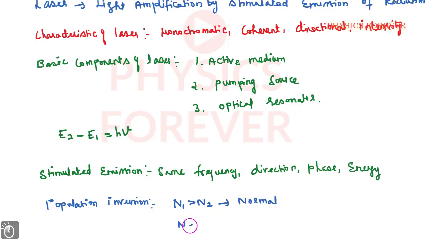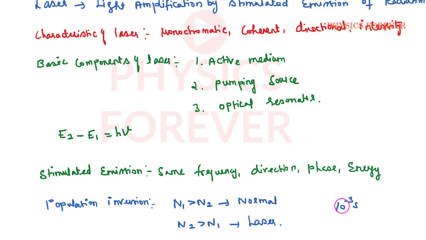For laser, N2 is greater than N1 is the condition for laser. So already we have discussed. The population inversion is achieved by pumping. The different types of pumping are there. Okay, so population inversion is most important in the metastable state. What is the lifetime of the metastable state? That is 10 power minus 3. Okay, so the more number of atoms accumulate in the metastable state only.